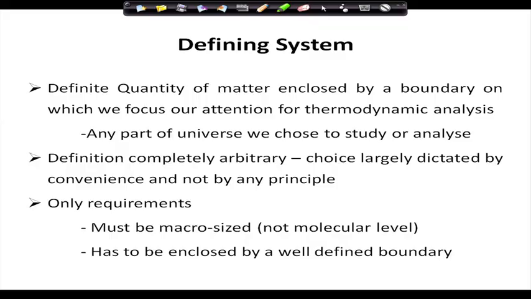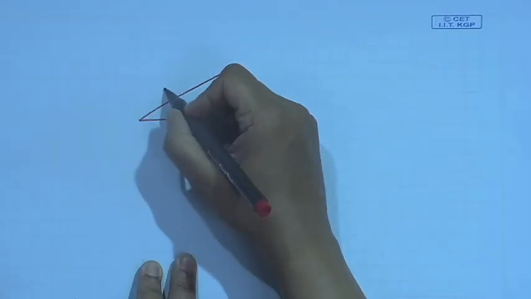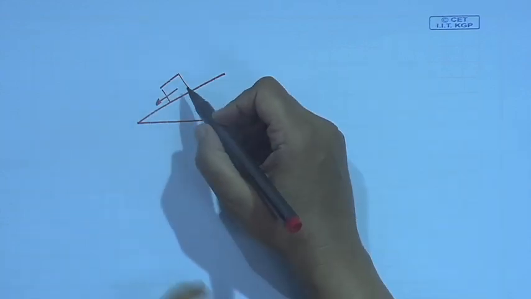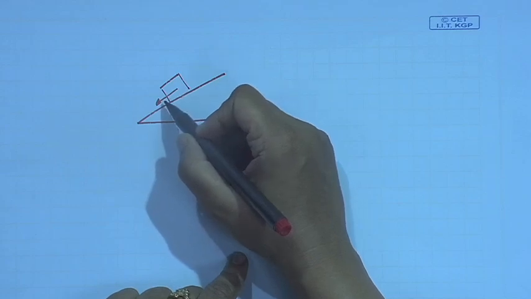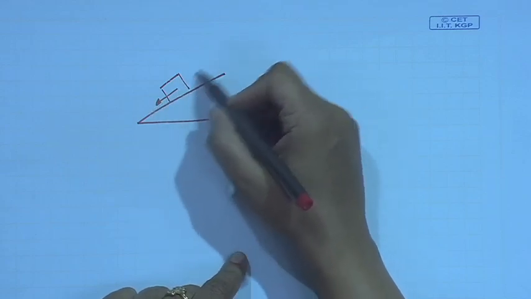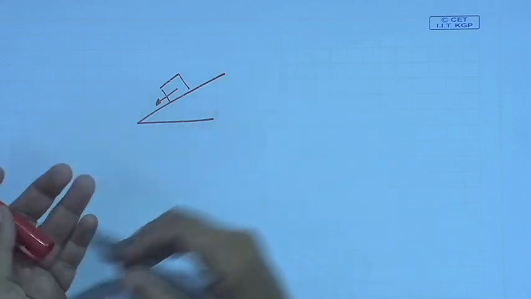Just like in physics, if you want to perform any particular analysis, say for example there is an inclined plane and a body is trying to fall across the inclined plane, we would like to find out the acceleration of the body and the displacement of the body, maybe when it starts from rest or when it is given some amount of force in the beginning.